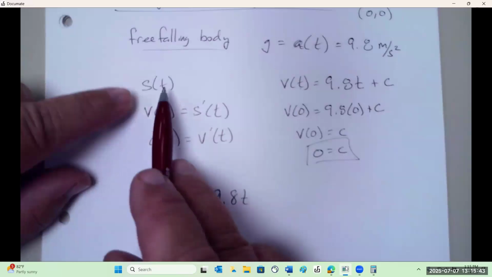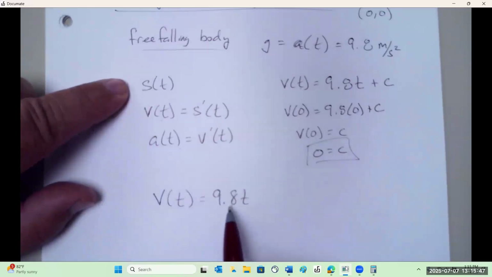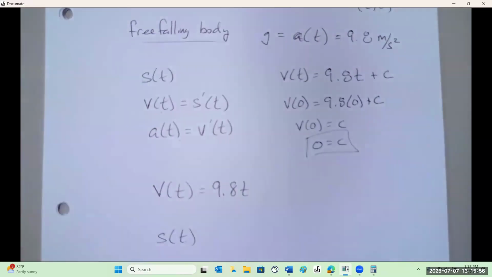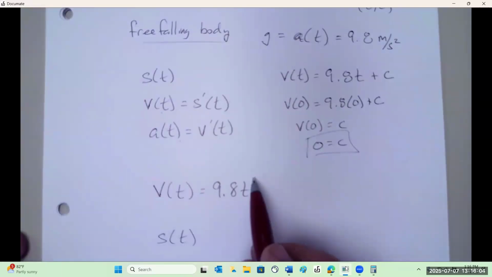The velocity is the first derivative of our position function. So give me a function whose derivative is that. Remember, we have a power.